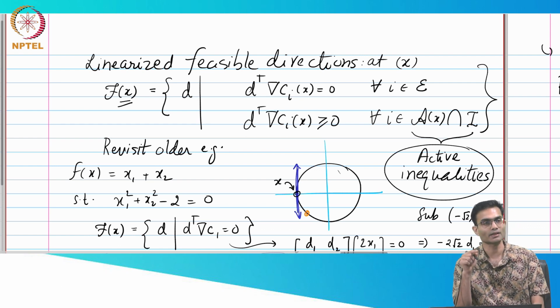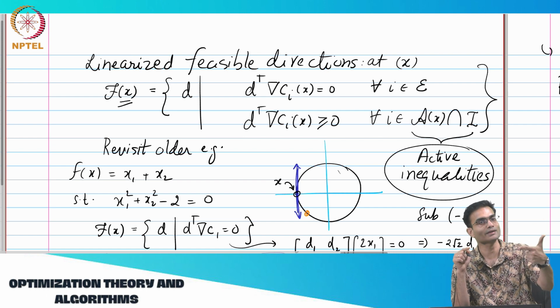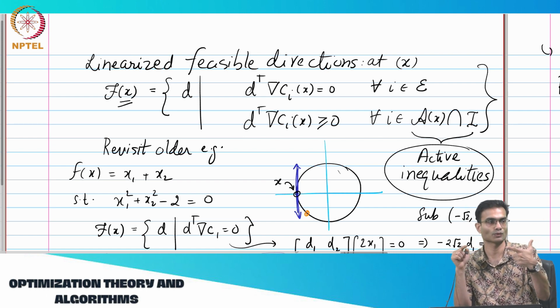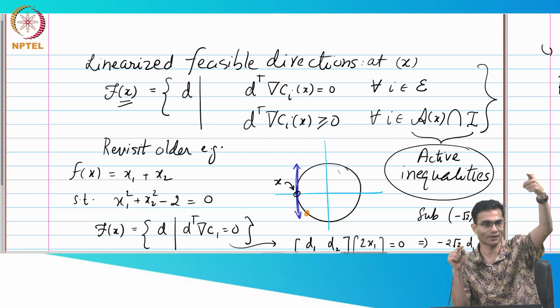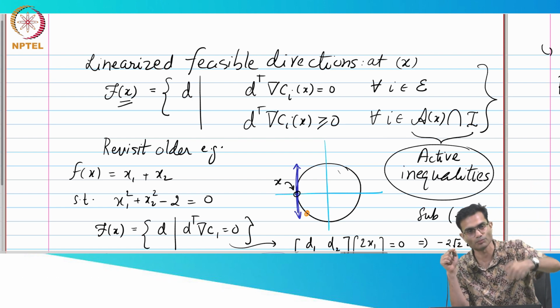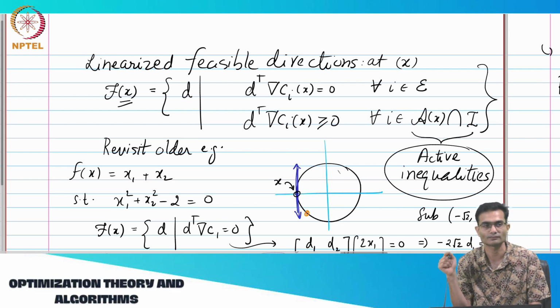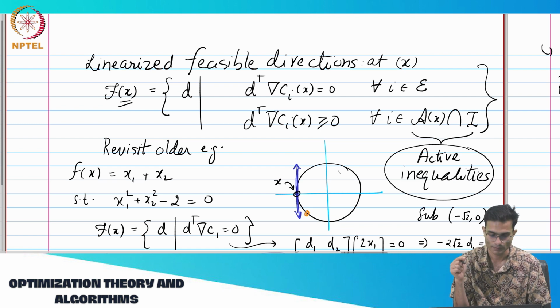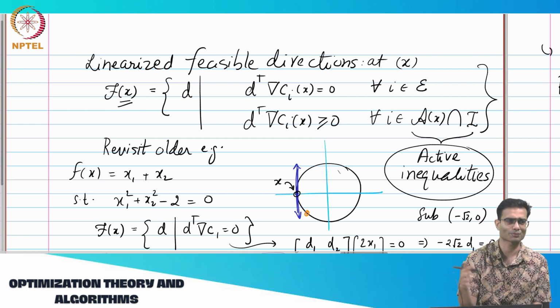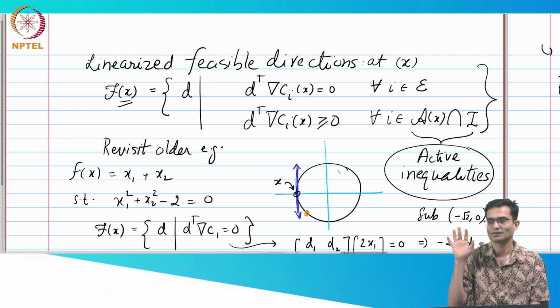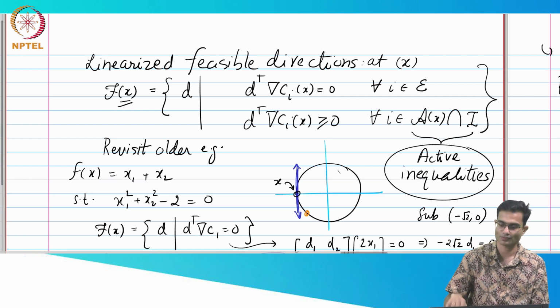Because the active set includes equalities and inequalities. If you look at the original definition, it has both. I've already caught the equalities above. So now I just want to pull out the inequality constraints, but I want them to be active. Yeah, it looks complicated to write, but we're just saying equalities and active inequalities.